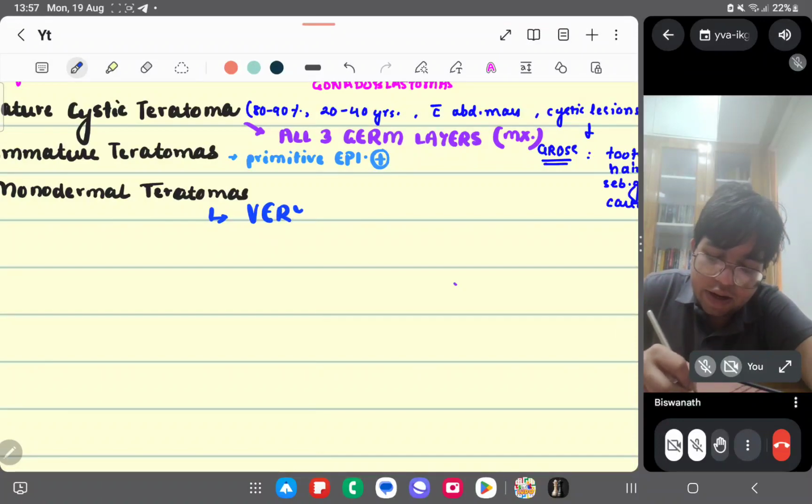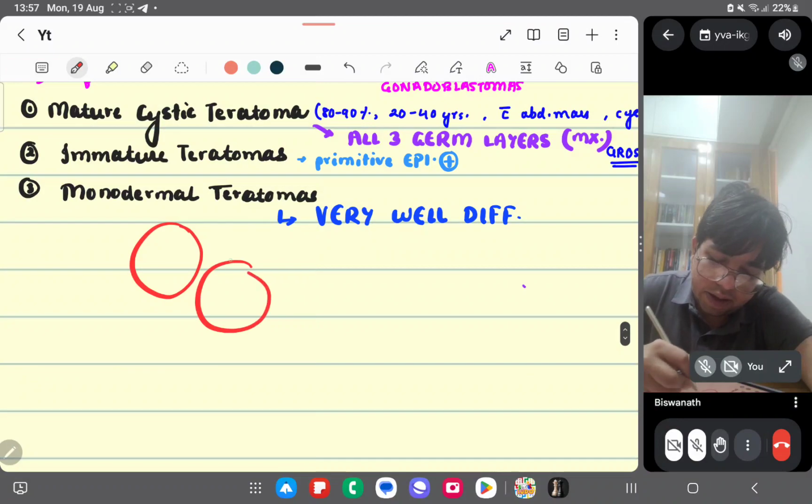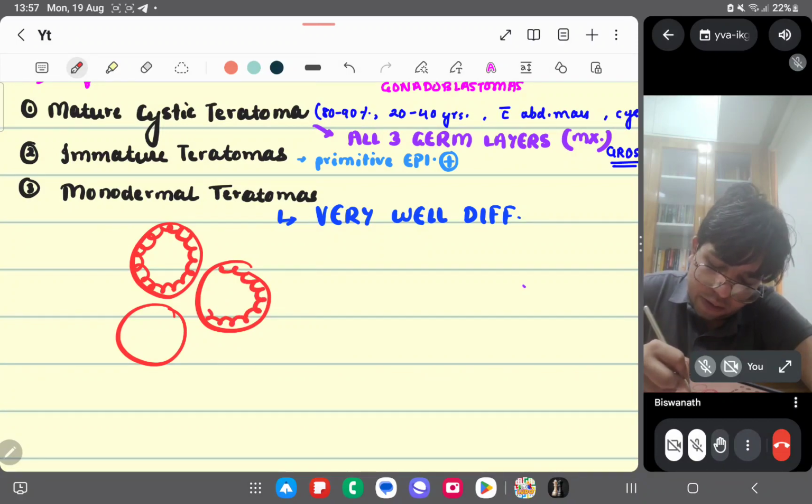Very well differentiated. And if you see the appearance, you will see something like this. Let's say these are the cuboidal cells.